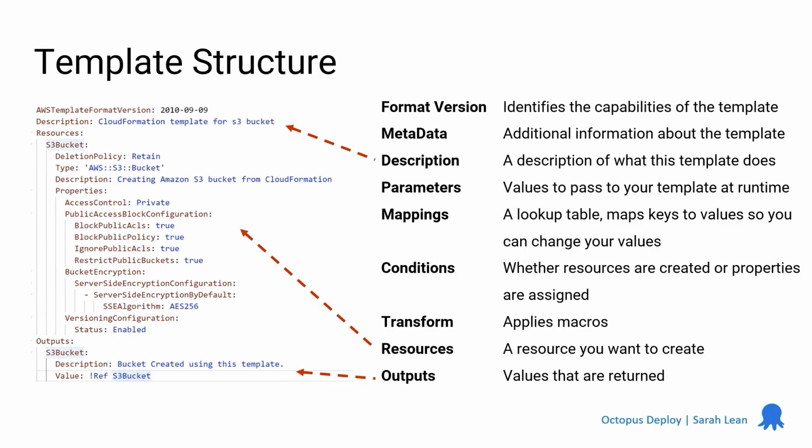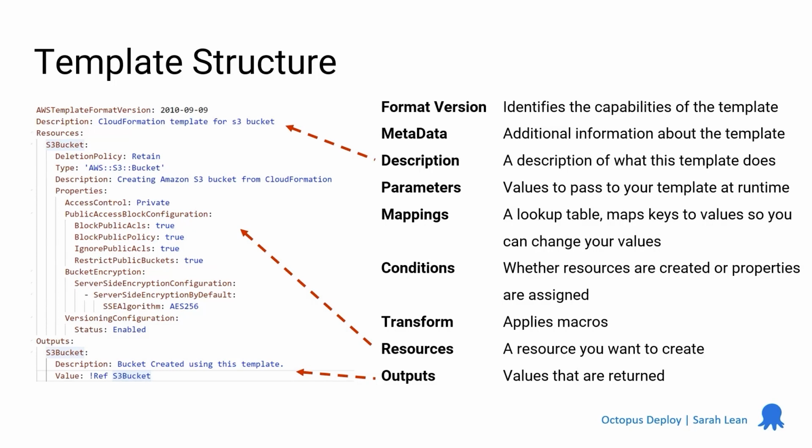So let's walk through these main objects, because I think it is quite key to understand how this template could be potentially structured. And especially if you go out into the internet and pull up some samples and have a look at them, you want to be able to understand what you're reading and why you're reading them and why there's certain functions or bits inside your template. So the first one, the first line of your template will be the format version.